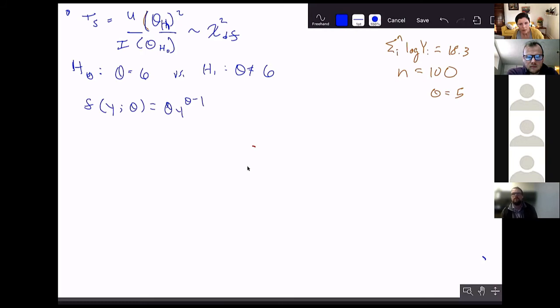Using that, we calculated a couple of things. We calculated the score, and we calculated the information.